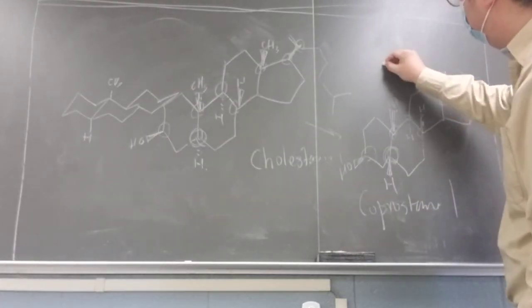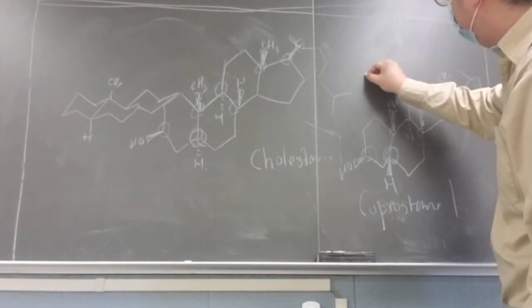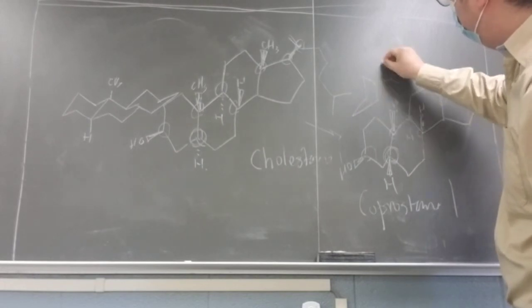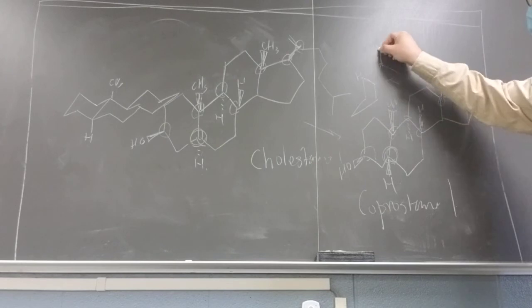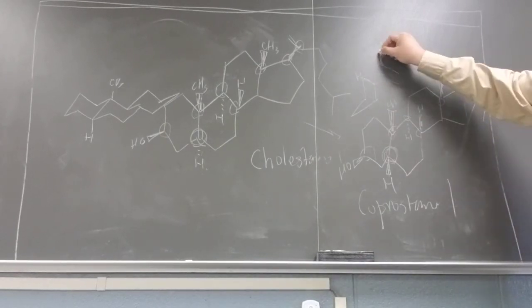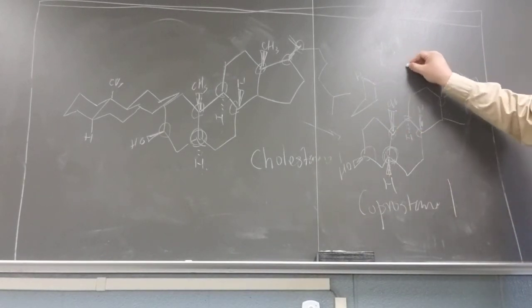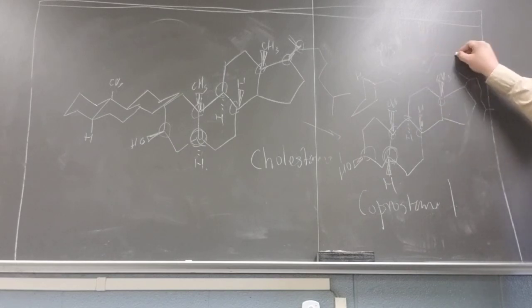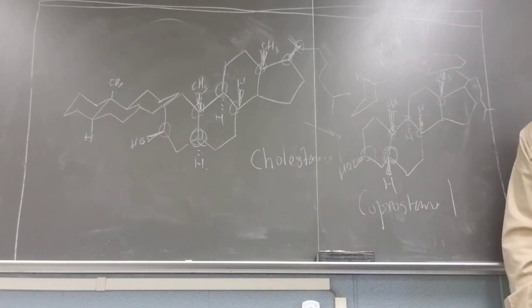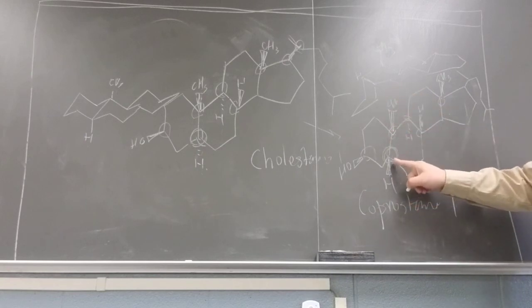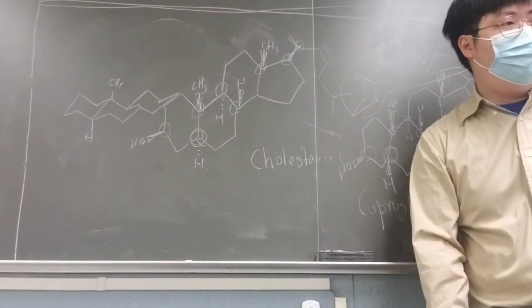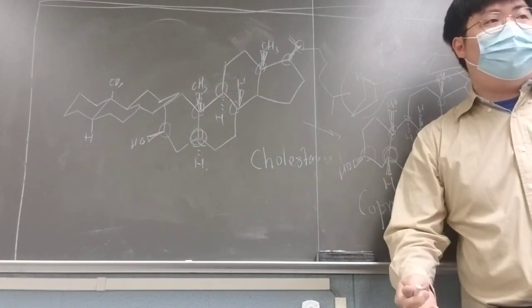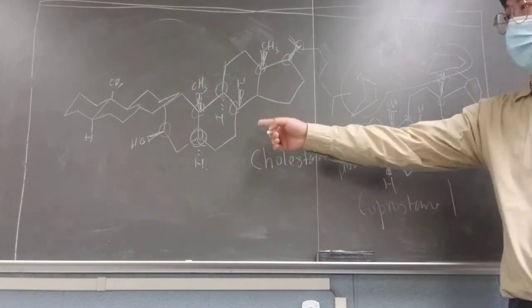So it will be up, up. Here, so up, up. Equatorial up, axial up. Okay, do you see this? So even though it's one chiral center inversion, that makes a huge difference in what? Shape. Shape-wise, it's a totally different compound, even with just one.